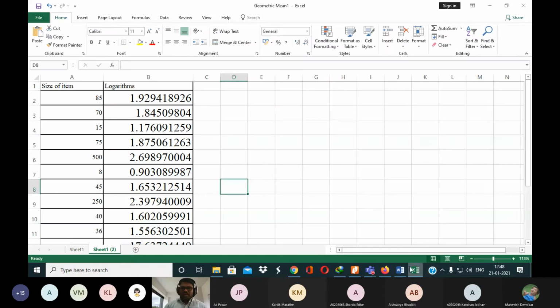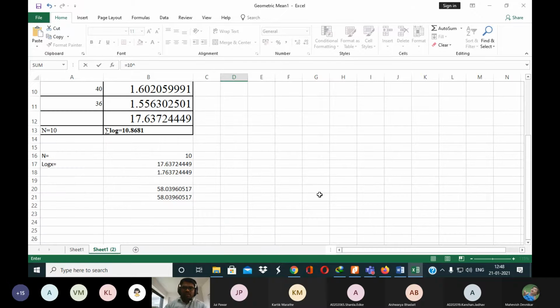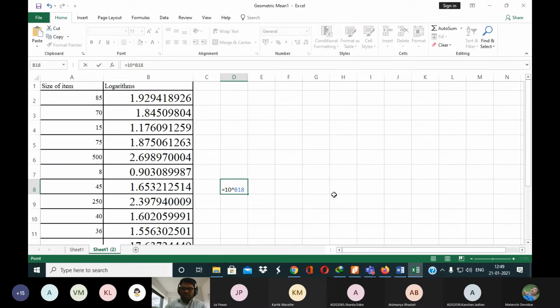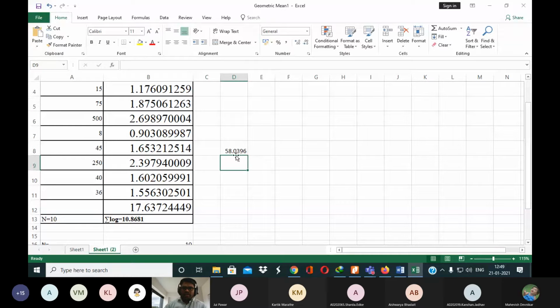How can you calculate the anti-log? For example, you just open the Excel file. Write 10, the caret sign, raised to any number for which we want to find the antilog. For example, here 1.763, and the answer will be 58, like this.